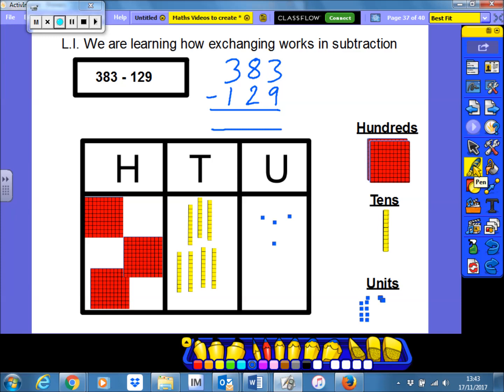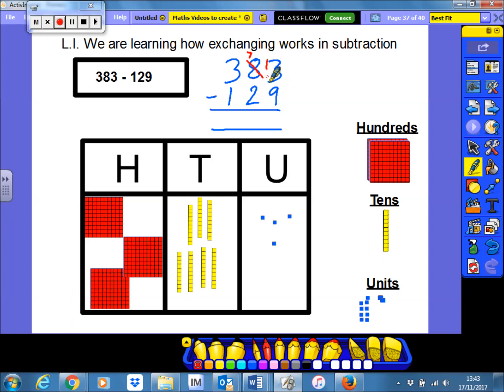Now, to see that in the formal sum, what we've effectively done is we have taken a 10 out of the tens column, leaving us with only 7 in this column. We only have 7 tens left here now. And we moved it into the units column. So we've taken the 10, moved it into the units.